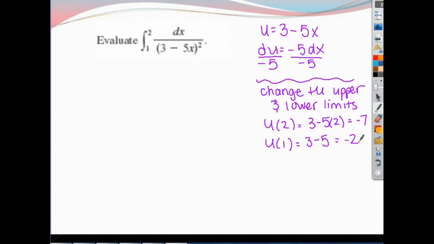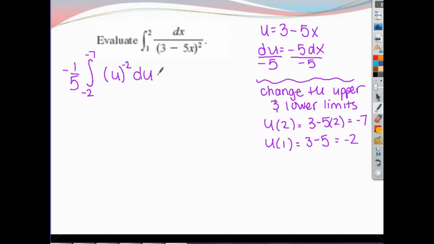So when I do my u sub, I want to immediately sub in my new intervals. So we're going to plug in the -1/5. I'm going to change my limits to the -7 and the -2. I'm going to replace my u and du's. So I get u to the -2 du.